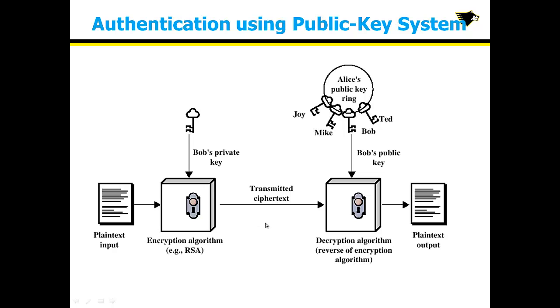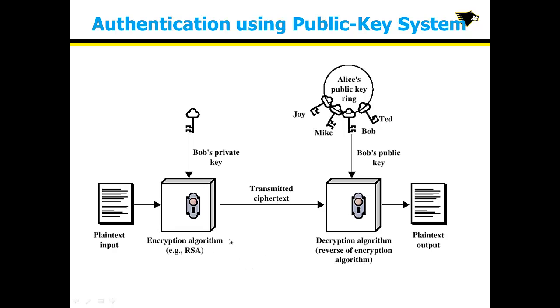See, this scheme can be used to authenticate the sender because only the sender has the private key. The attacker does not have this private key. So if I use the public key to decrypt the message, and the message is shown as plain text, which means this message is sent by Bob, not the other.